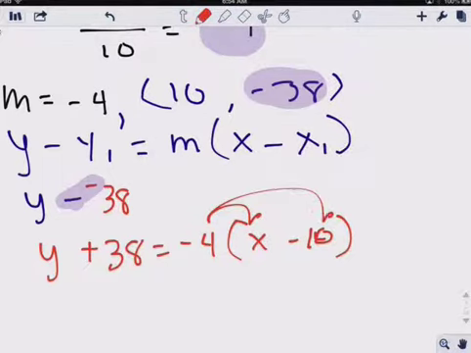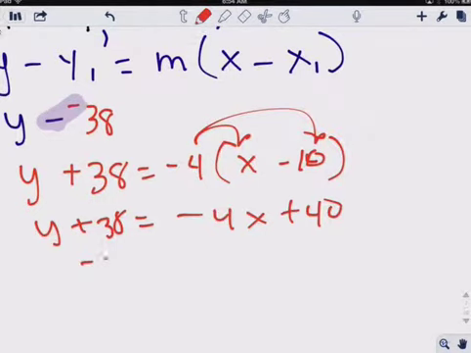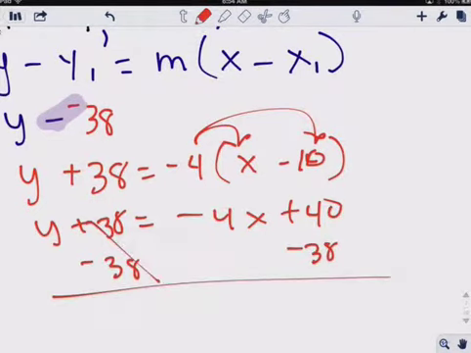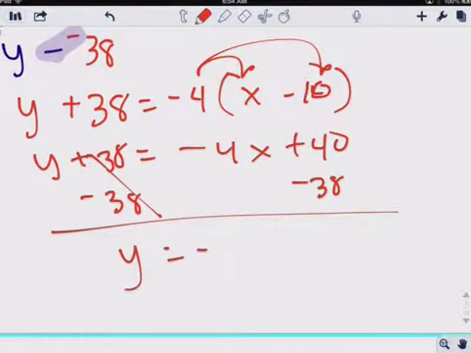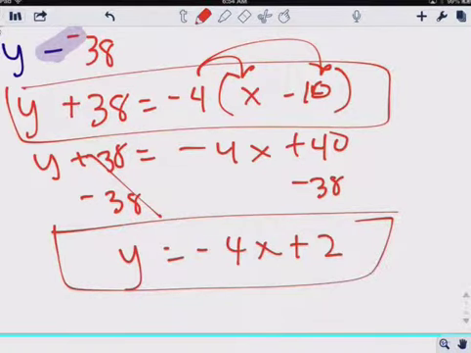Distribute, that's negative 4x plus 40 equals y plus 38. Okay? Minus 38, minus 38. Cancel that out. Y equals negative 4x plus 2. Slope, point slope, and slope intercept.